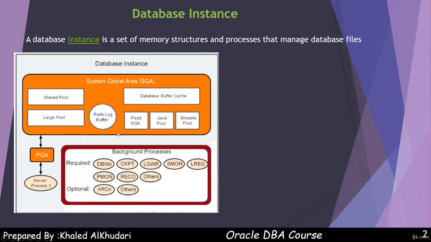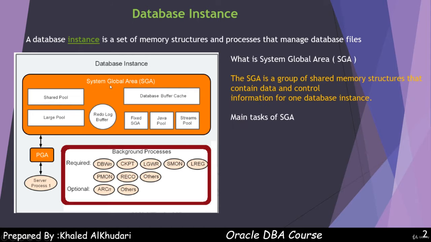In this lecture, we have to understand what the System Global Area is. Actually, the SGA is a group of shared memory structures that contains data and control information for one database instance. So it contains subcomponents.